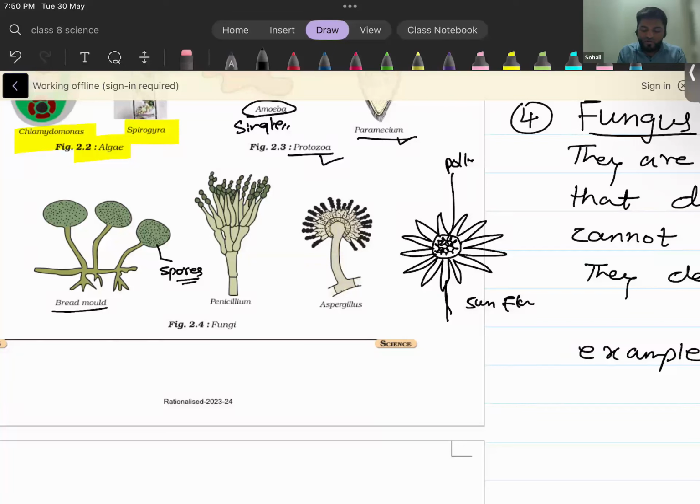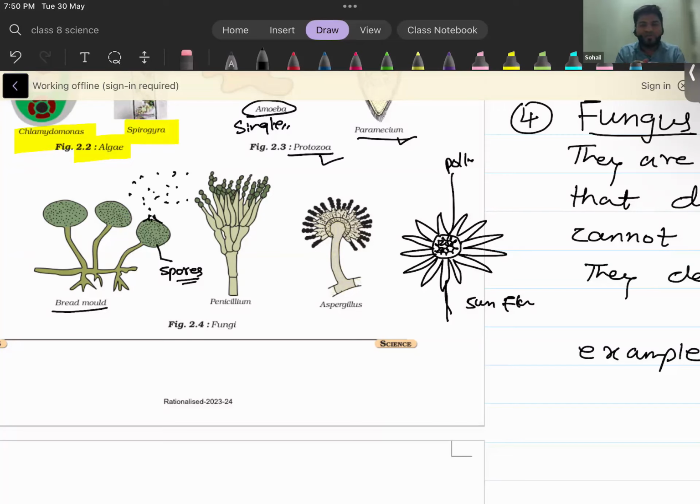So similar to the pollen grains, in the head of the bread mold you will see there are so many tiny spores present. When the head of the bread mold gets ruptured, you know what is ruptured? Yes, sir. It opens. So when it ruptures, all the spores start to come out and spread into the air.